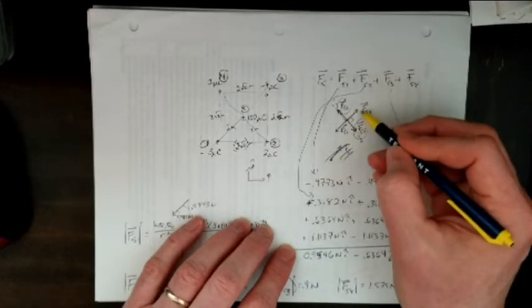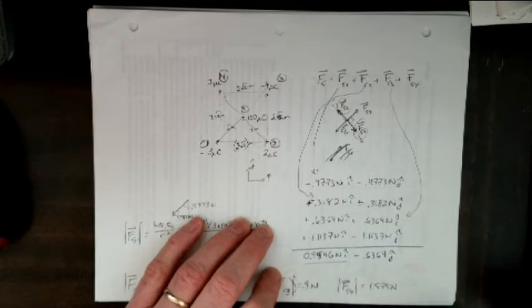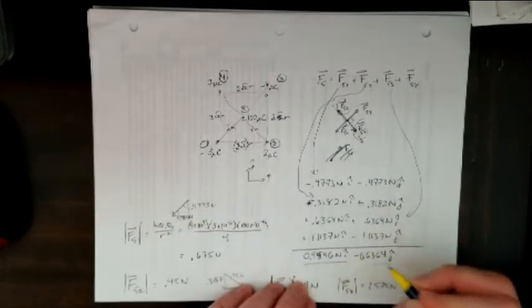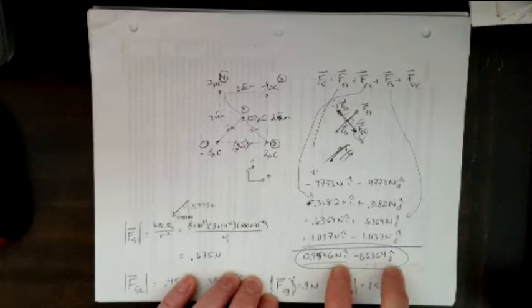And so I would expect it to be pulled to the right more than it is not, and it indeed is. It is pulled down more than it is pulled up. And so if the question was what is the force, we have it right there.